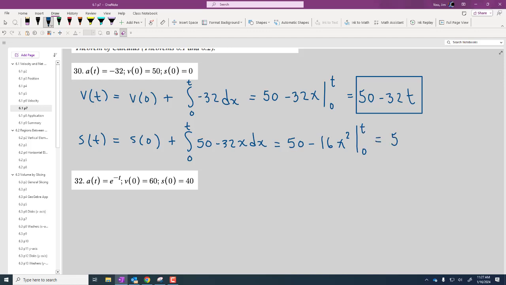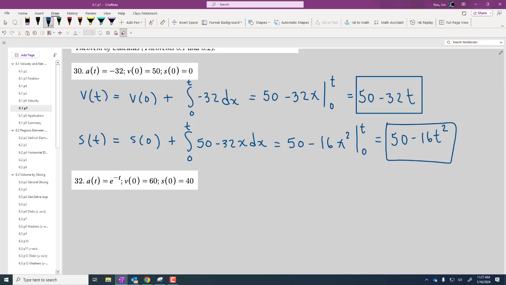And then we'll end up with 50 minus 16t squared. So that's our position function. 50x. Oh, this right here should be a t, thank you. When I integrated here, I dropped the t, or the x.